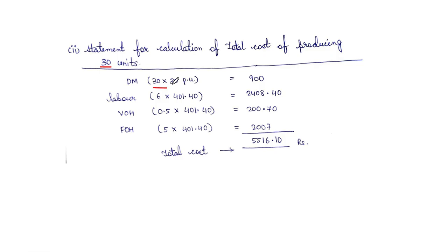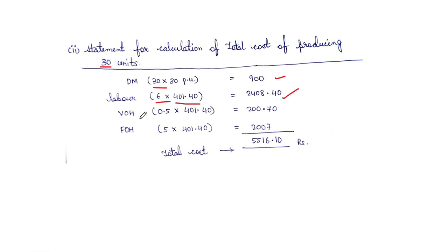So 30 units into 30 rupees per unit, 900. Labor cost. Labor is already given as 6 rupees per hour, and we have already calculated the total hours for 30 units. So 401.40 into 6 rupees. So total labor cost is 2408.40.